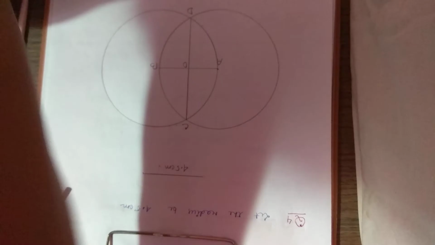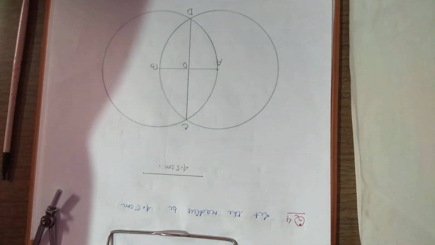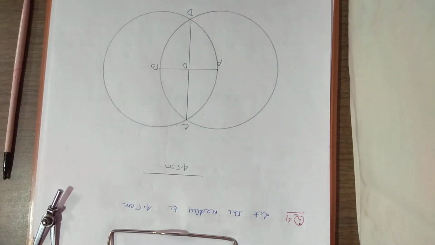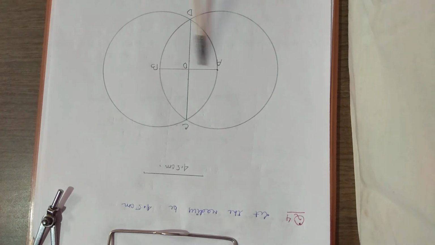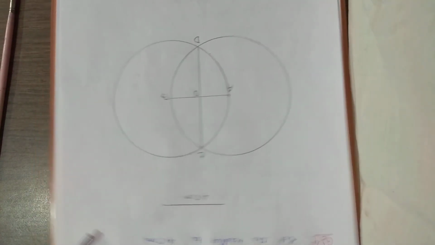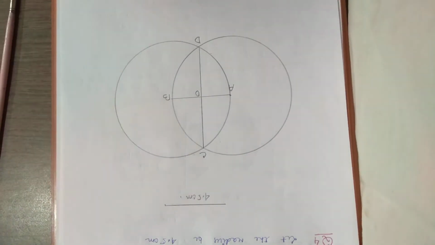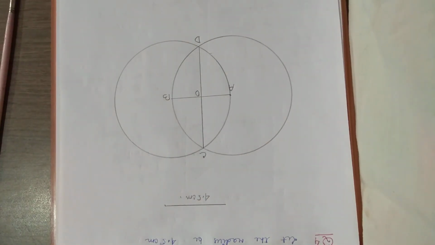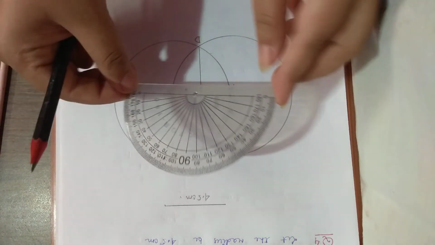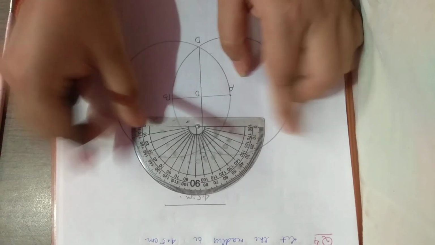Now in the last point it is told to find out whether AB is perpendicular to CD or not. So we have to recall what perpendicular means. Perpendicular means the angle between them should be 90 degree. Using a protractor we will find out whether it is 90 or not.